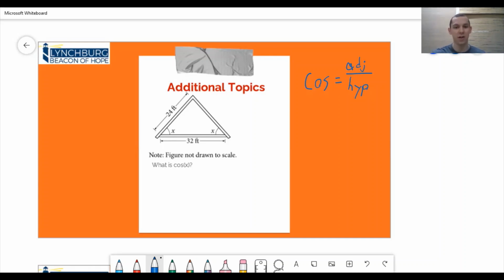So we have to figure out how out of this triangle we're going to get a right triangle, and this is where the geometry comes into play. We know that these two angles are congruent. Hopefully you remember, any triangle that has exactly two congruent angles is an isosceles triangle.